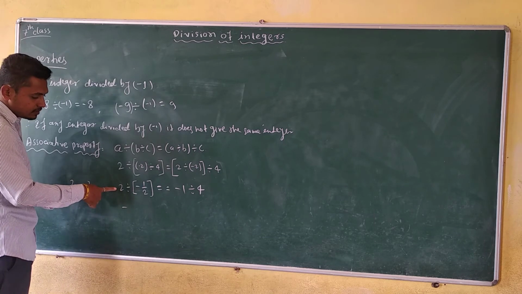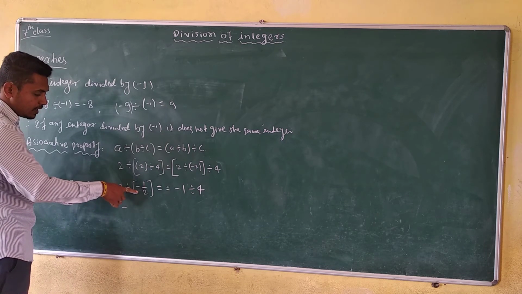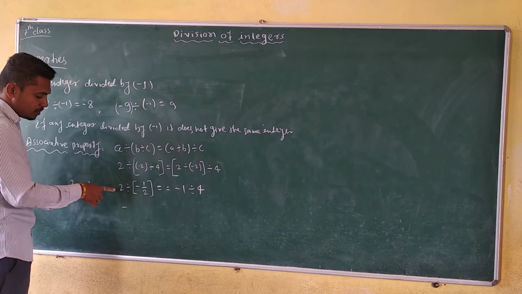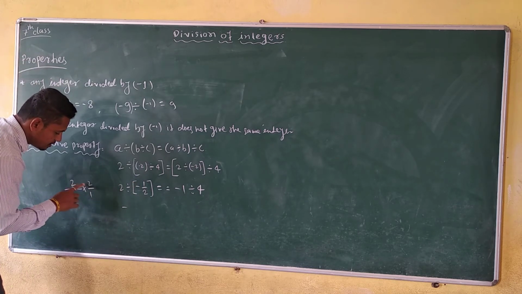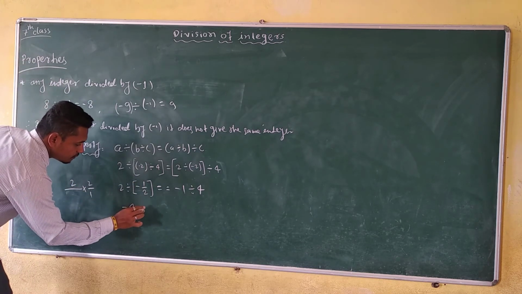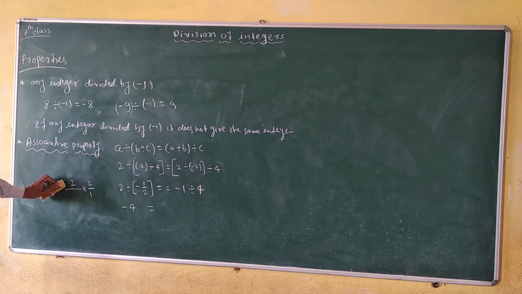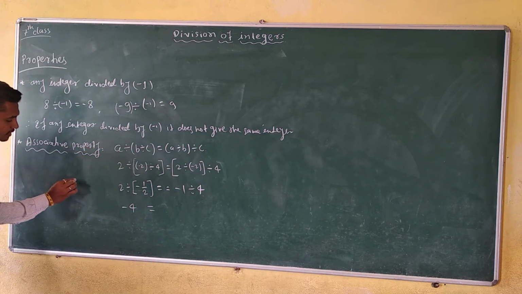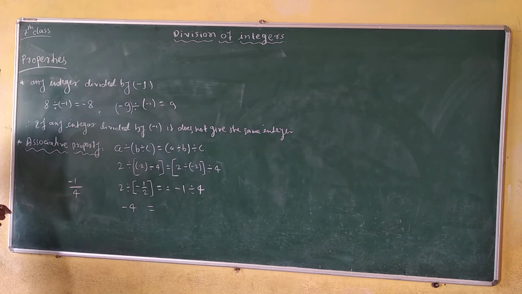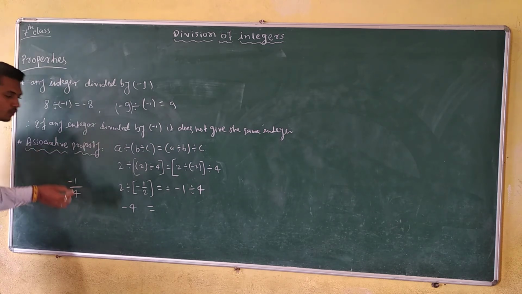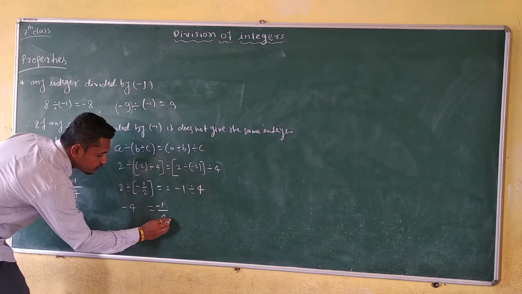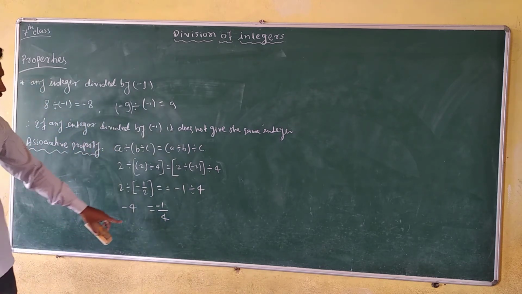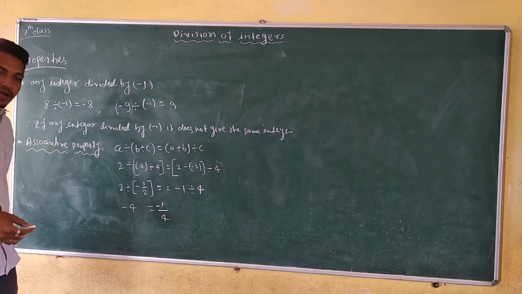And minus 2 divided by, plus divided by minus, and 2 twos are 4 here. So 4 is equal to minus 1 divided by 4. So minus 4 is not equal to minus 1 divided by 4.